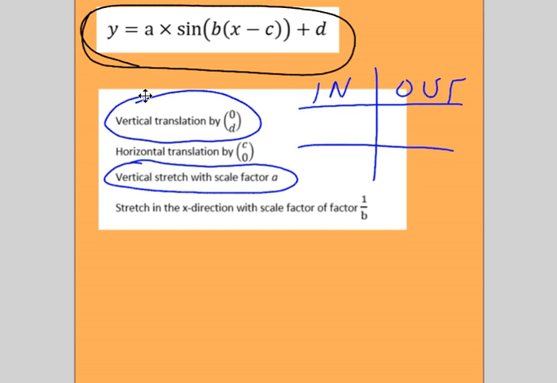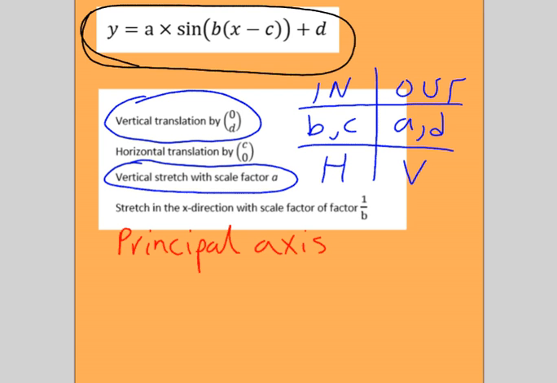What's inside the brackets? b, c. What's outside the brackets? a, d. Horizontal, vertical. But we can say a little bit more than this, because if the vertical translation is d, then the equation for the principal axis is now y equals d.